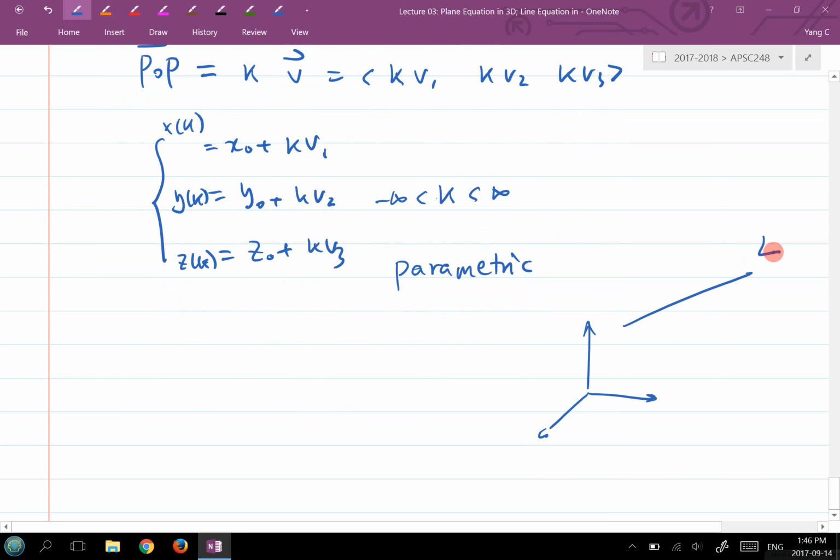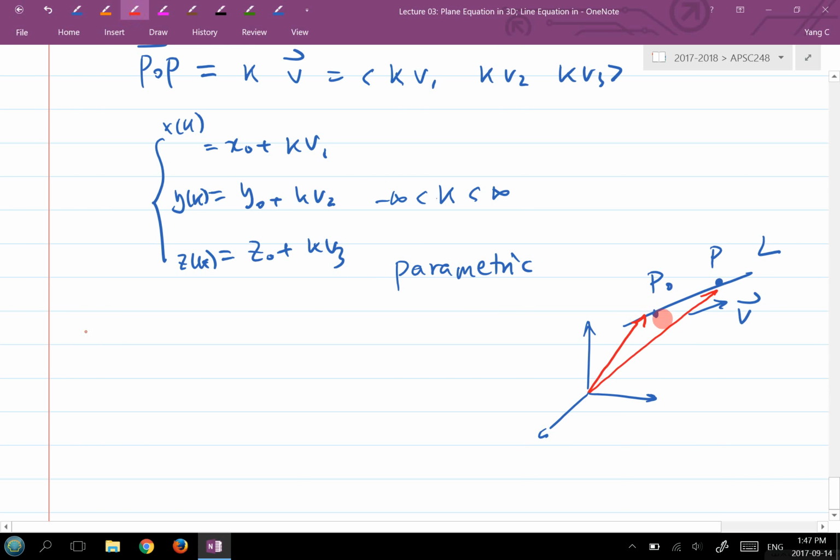This is L here, this is P naught, and this is V. Then you have your position P on the L. If I connect the origin to P naught, P naught has coordinates x naught, y naught, z naught.